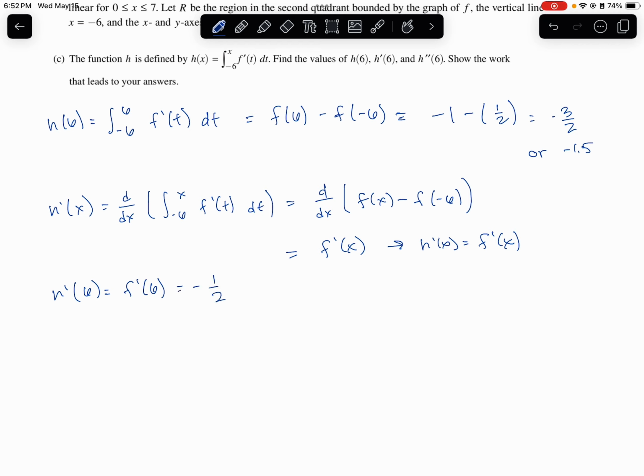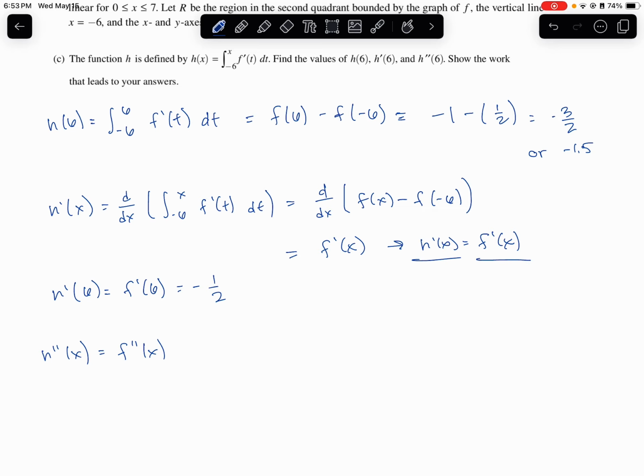Okay, and then I want h double prime of 6. I'm first going to define h double prime of x, because since h prime of x is equal to f prime of x, h double prime of x will be equal to f double prime of x as well.